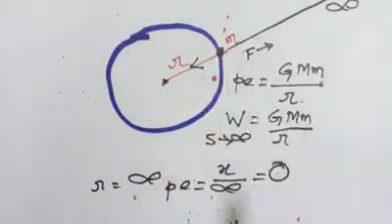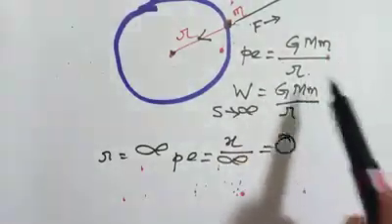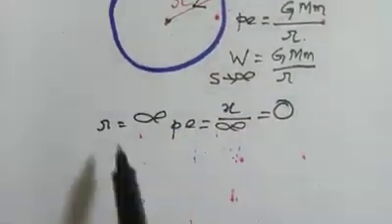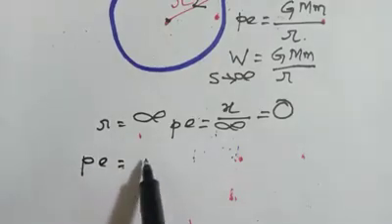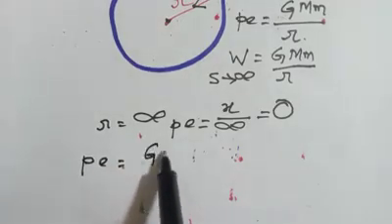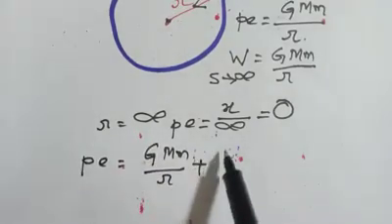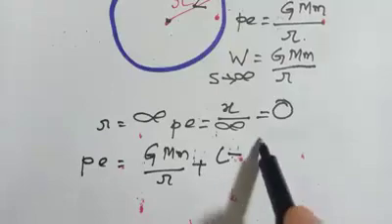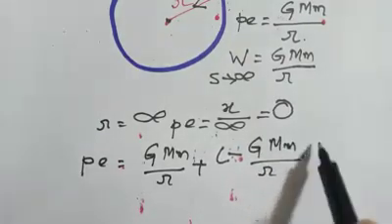So what would be the potential energy on the surface of the earth? Obviously this plus something which would lead to 0. So that automatically leads to potential energy equals, if this is plus G capital M whole divided by R, minus G capital M whole divided by R, in braces.